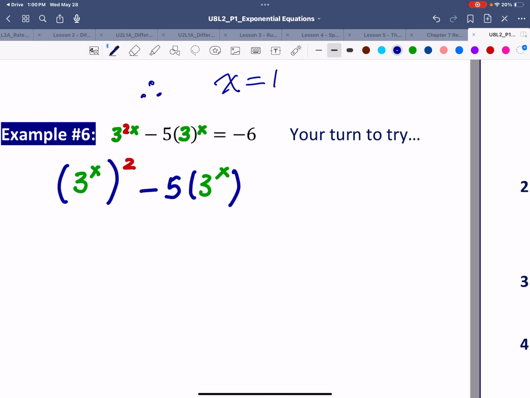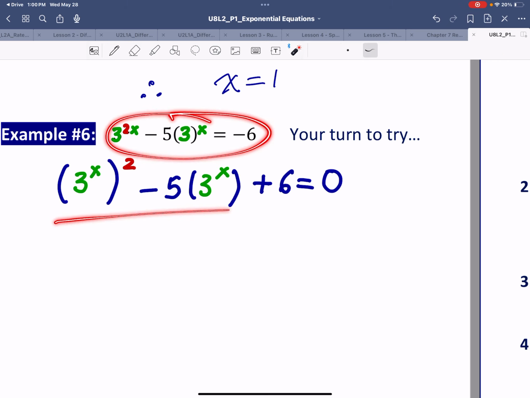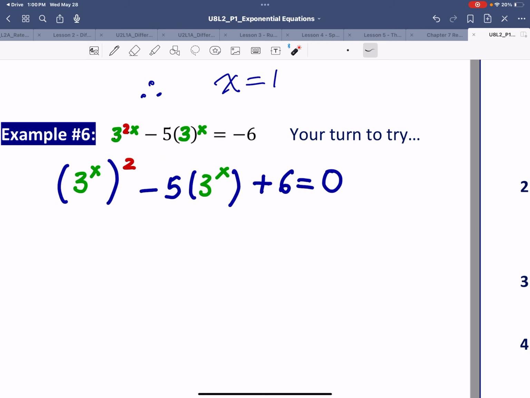And then we're going to bring negative 6 to the left side to make it positive. Obviously we want to do this because it's a quadratic equation. As we mentioned, quadratic equations are solved by first bringing all the terms to one side, right? So you can bring in the helping variable a. That means we have a squared minus 5a, and then plus 6.